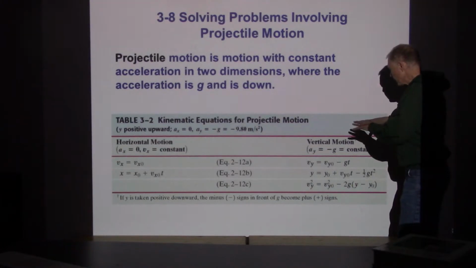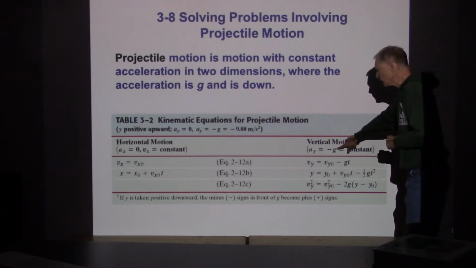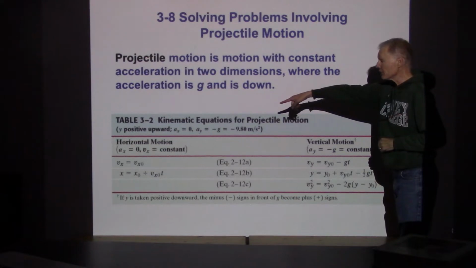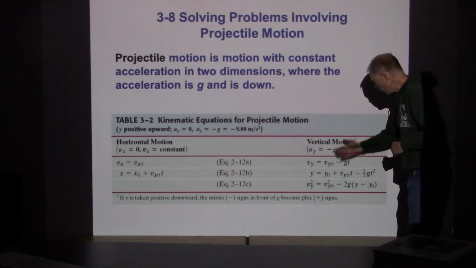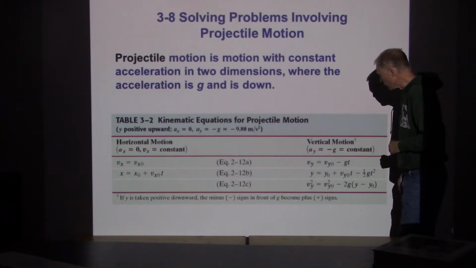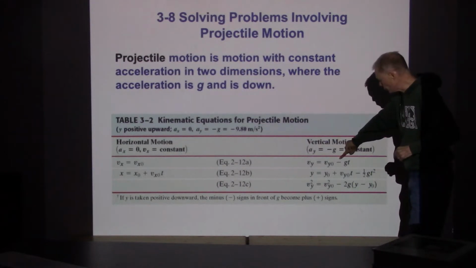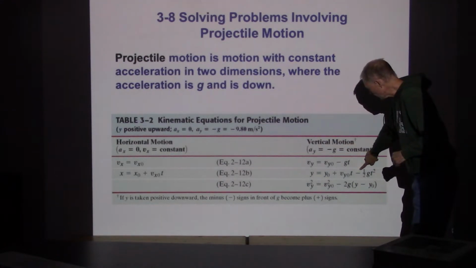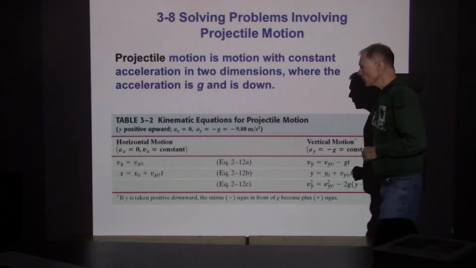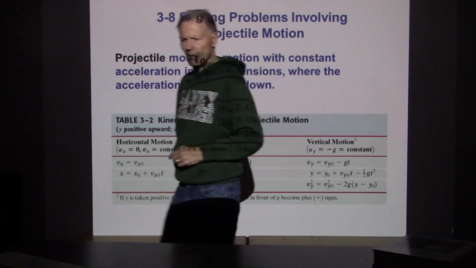So here we have constant acceleration of negative g. There we have, in the x direction, constant velocity Vx. And so we keep the three acceleration formulas here. We've taken out the a's and replaced them with negative g. Negative g, negative g, negative g. Over here, we've just dropped out the acceleration terms.